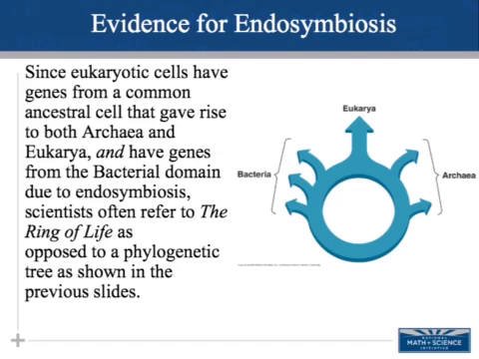So this is where the ring of life would come from, as opposed to a straight phylogenetic tree like we saw on one of the other slides. Eukaryotic cells have genes from a common ancestor that gave rise to both Archaea and Eukarya, and they have genes from the bacterial domain due to endosymbiosis. These all have contributed to the Eukarya domain.